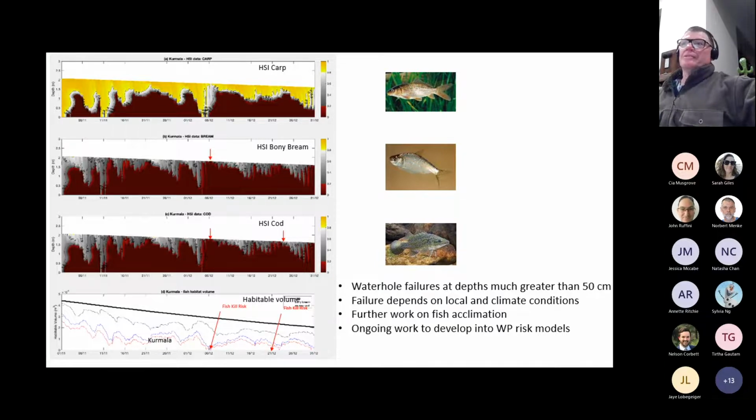Whereas for two of the native species here, bony bream and Murray cod, they both had very little good habitat, lots of unsuitable habitat, and at times nothing but unsuitable habitat. So these are the times where the system is likely to be either failing or being close to failing, and fish kills would be expected.